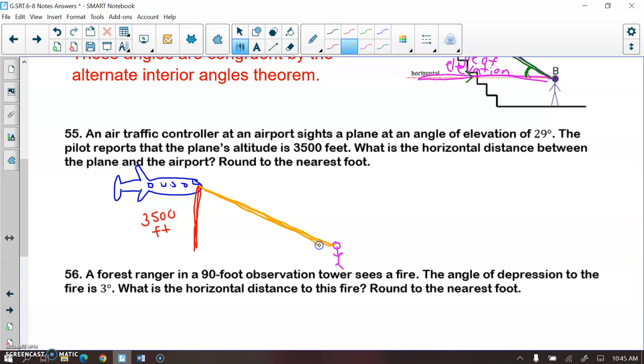If I ask you what's the line of sight, you need to know it's where they're looking. So they're looking up at the plane, and their line of sight and this horizontal line that I'm drawing in create my angle of elevation, which was given to us as 29 degrees.